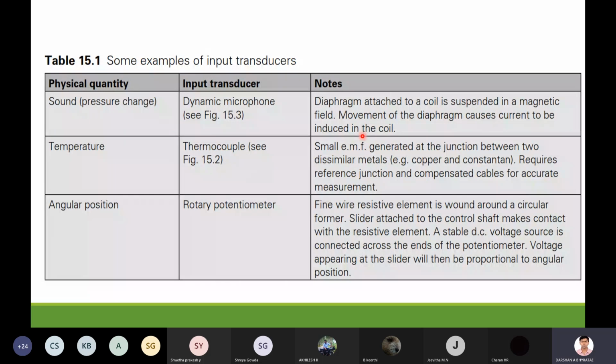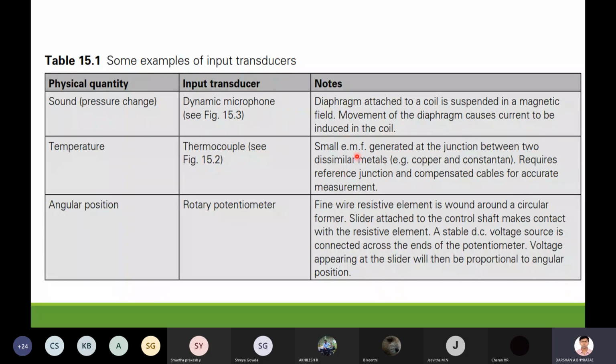Whatever I explained is given in this description here. The diaphragm is attached to a coil that is suspended in a magnetic field. When a sound wave is incident on the diaphragm, the diaphragm moves and generates current, an electrical signal, in the coil. In the thermocouple, we have two junctions, one called the hot junction and the other the reference junction.